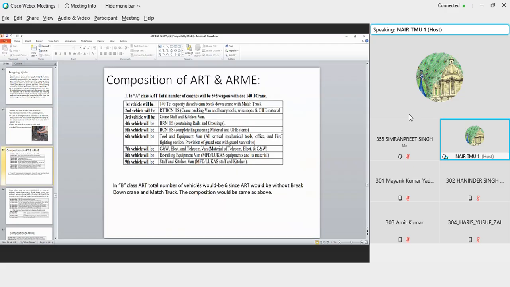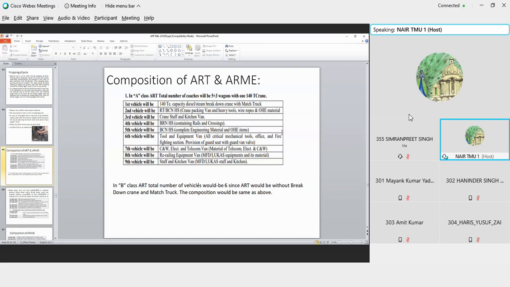Now the ARTs are classified into class A, class B, and class C ART, depending upon the composition of the wagons or the coaches which are provided in that train. So this is an A class ART, where you have a 140-ton crane, you have a max truck, and you have vehicles for the staff.